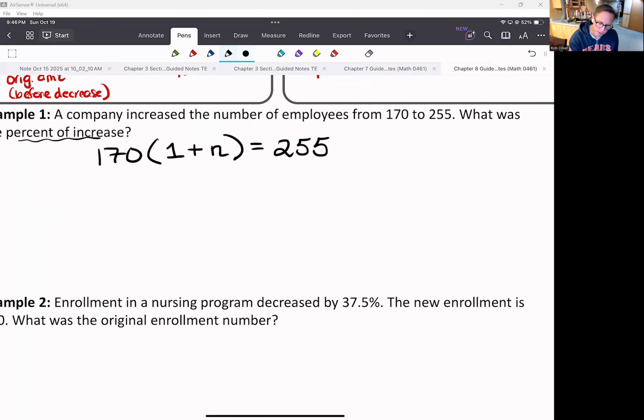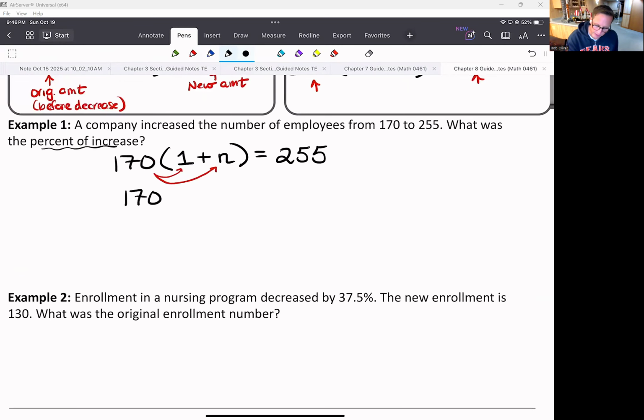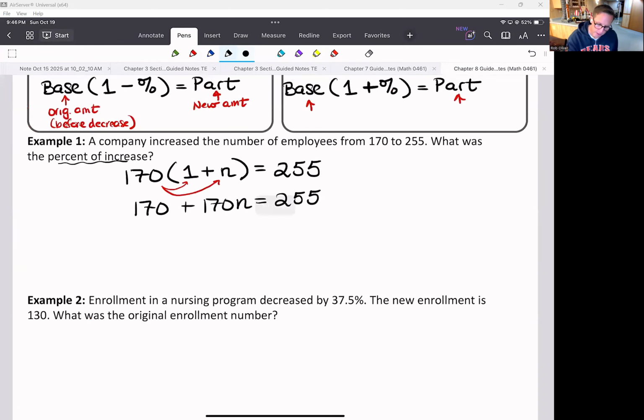So we're going to solve this by distributing. We're going to distribute the 170 like that. And so 170 times 1 is just 170. 170 times n is 170n equals 255. Okay, and then we're going to take away 170. We're going to solve this algebraically. So now we got 170n equals, and that's going to be what, 85?